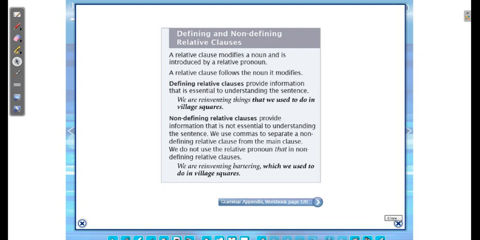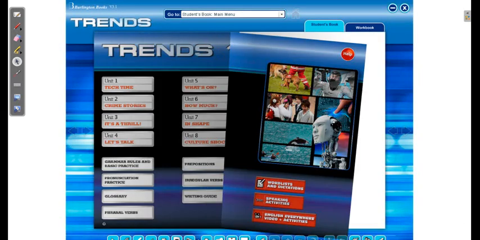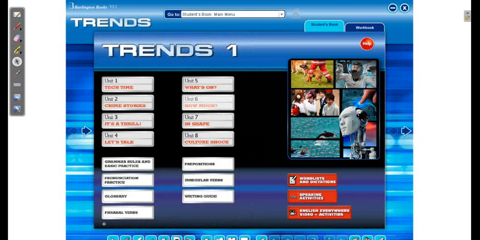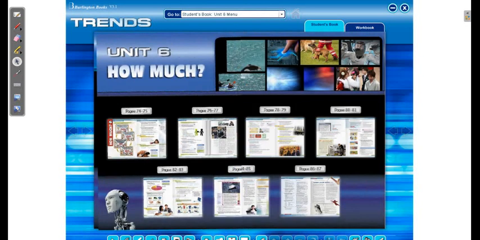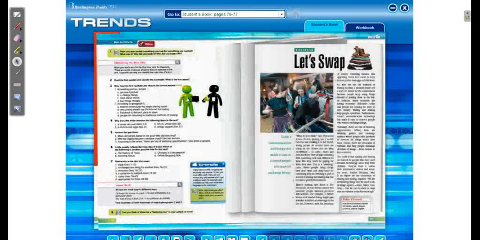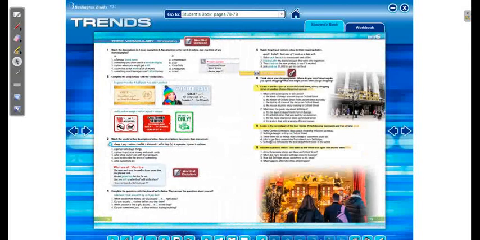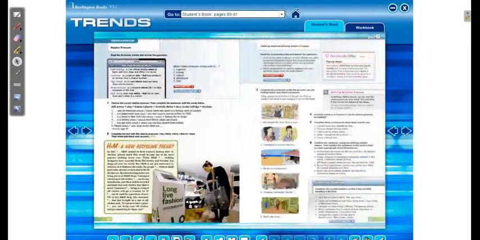Let's go and do a couple of exercises now. Let's go back to our unit and do some exercises related to grammar. Here we are for the grammar. So let's complete this exercise first.